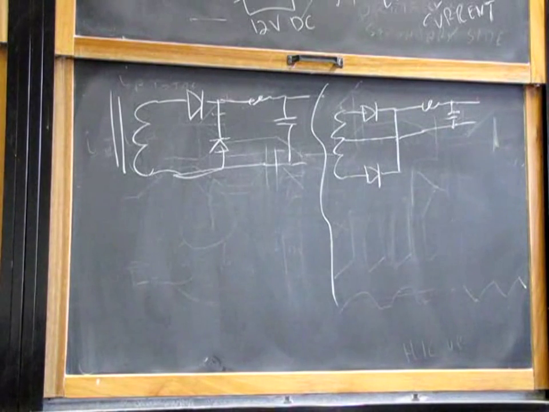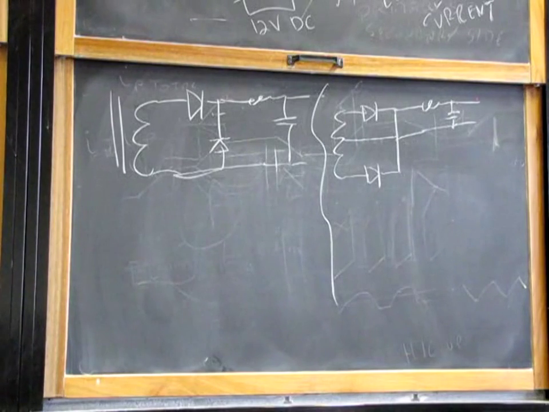What if you want to have another output, a second output? In a flyback converter, adding a second output was a piece of cake. Just add one winding, one diode, one capacitor, and everything is okay. Not only that, but if you take the feedback from one output, all other outputs are quite well regulated because all other outputs share the same magnetic flux, so the turn ratio gives you basically the output voltages.